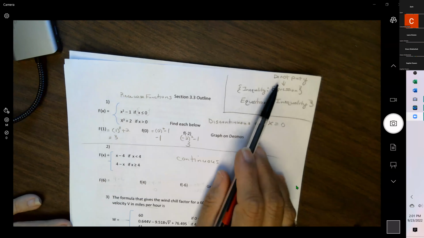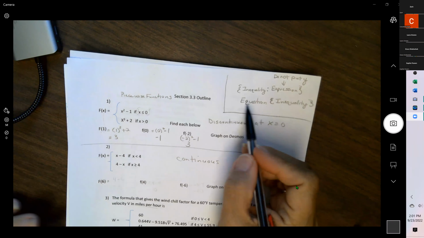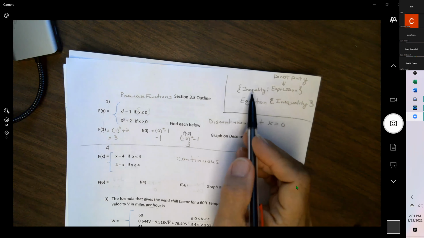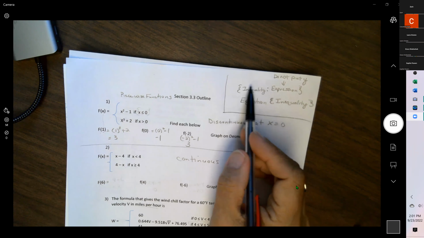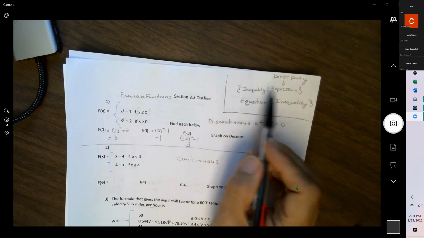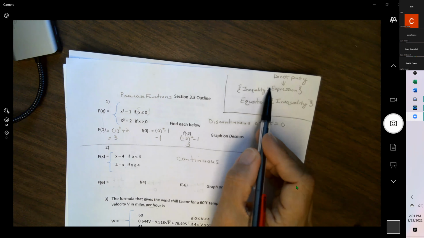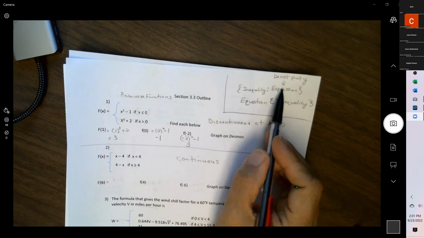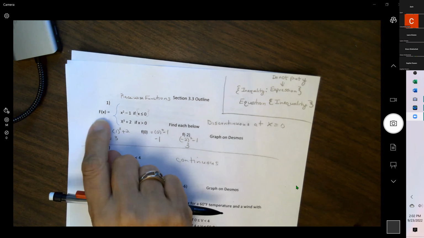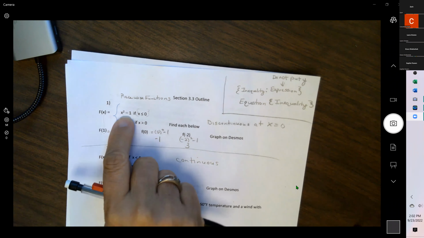When we're putting it into Desmos, there's two different ways you can enter it. I like the second way better, but they both work. You can put the inequality inside script parentheses. You put the inequality and then a colon and then the expression. So it would be x squared minus 1 instead of y equals.